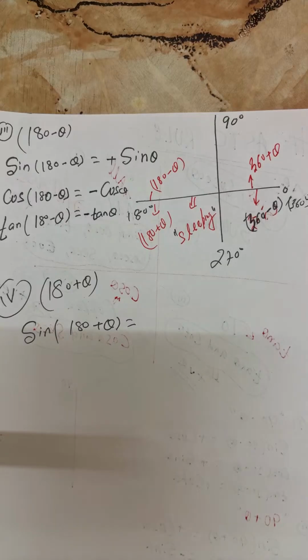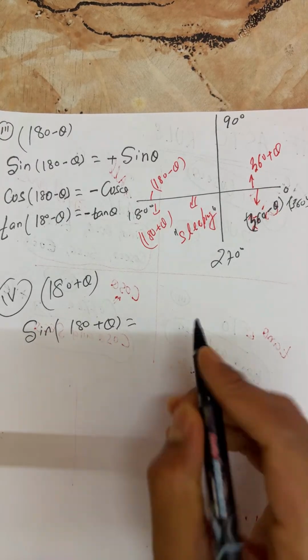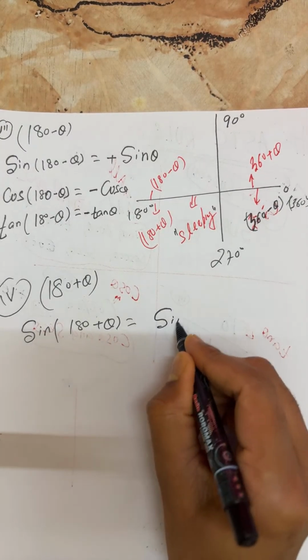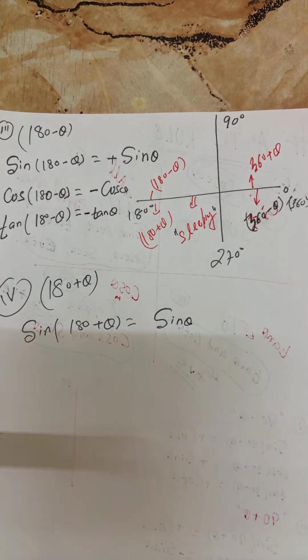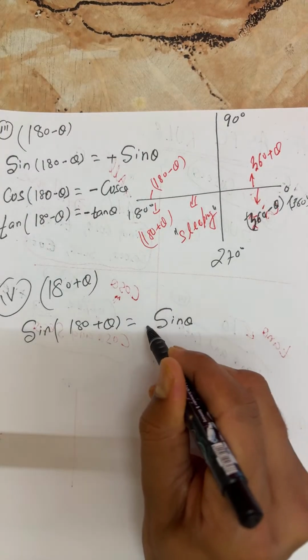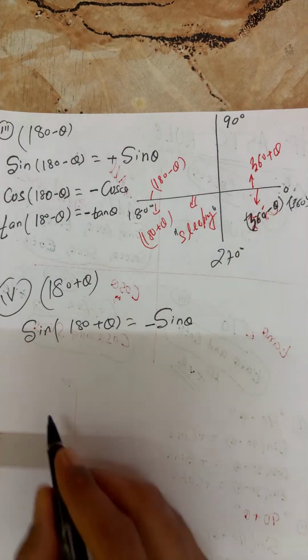First will come sine theta. Now, plus or minus? Which quadrant is 180 plus theta in? It's the third quadrant. In the third quadrant, sine is negative. So you can write negative sine theta. Next, student.